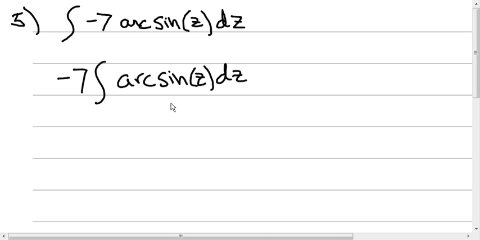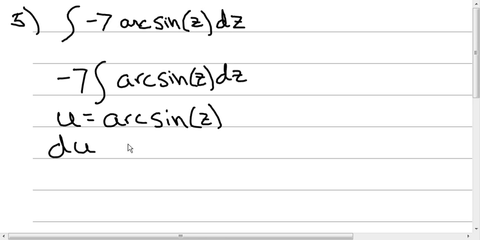Well, you probably need to have memorized that this is going to be an integration by parts. And in this case, I get to pick: u is equal to arc sine of z.